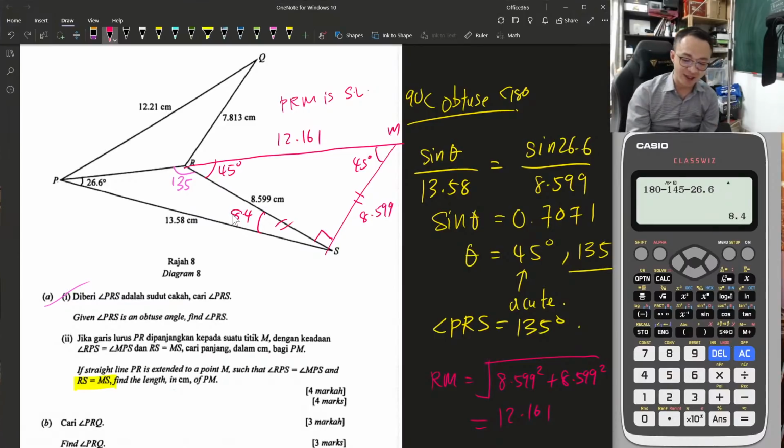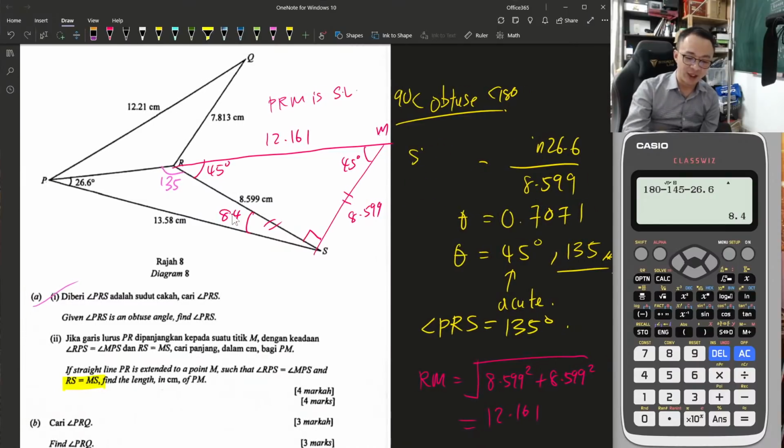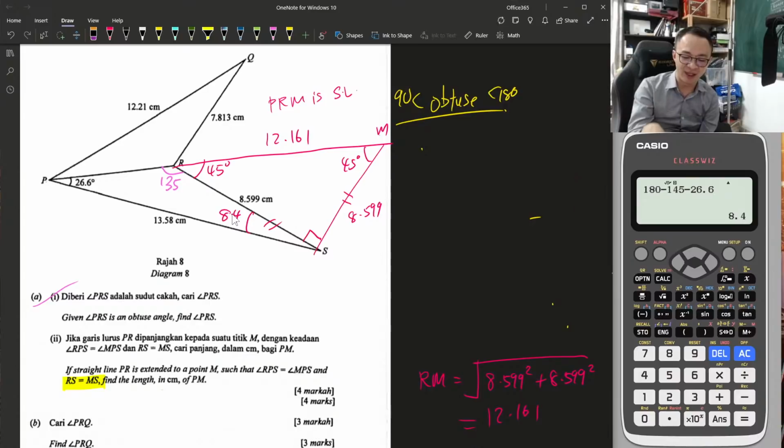I want to find the length of PR, so I'm going to use the sine rule. You can prefer sine rule or cosine rule, it doesn't matter, but I prefer sine rule. So PR over sine 8.4 equals 8.599 over sine 26.6.